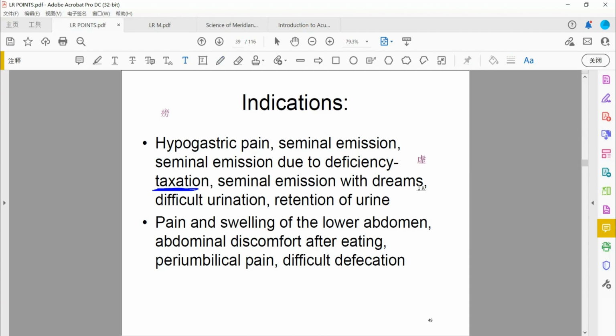Seminal emission with dreams, difficult urination, still the lower jiao, right? The lower jiao: urination, defecation, and men's or women's problems all belong to the lower jiao. Pain and swelling of the lower abdomen, abdominal discomfort after eating, periumbilical pain, difficult defecation.